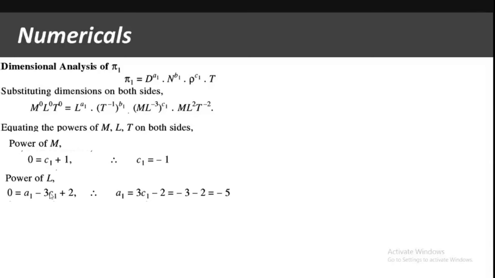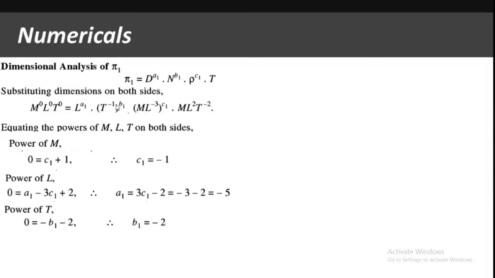Put the value of c1 here, and transfer to the right side, so minus 3 becomes plus 3 c1 minus 2. Putting the value of c1, minus 3 into minus 1 is plus 3, then minus 2, so a1 comes out as minus 5. Then power of t, again we will equate, t to the power 0, so 0.